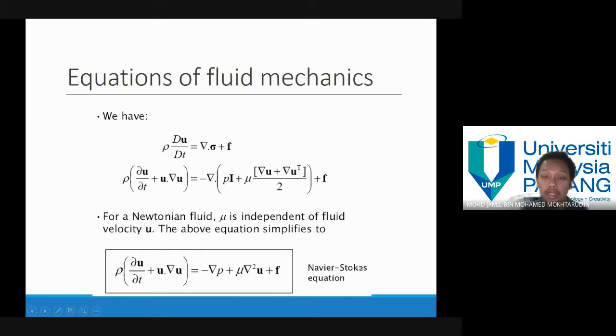In this Navier-Stokes equation, we are solving for the fluid velocity U and also the fluid pressure P. So there are two things that we are solving at the same time, the velocity and the pressure. Okay, so that's basically the introduction to fluid mechanics.